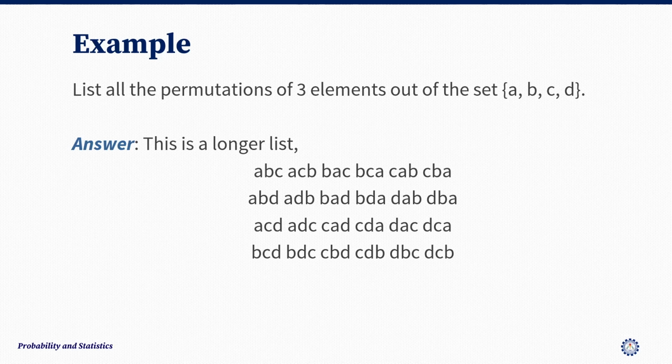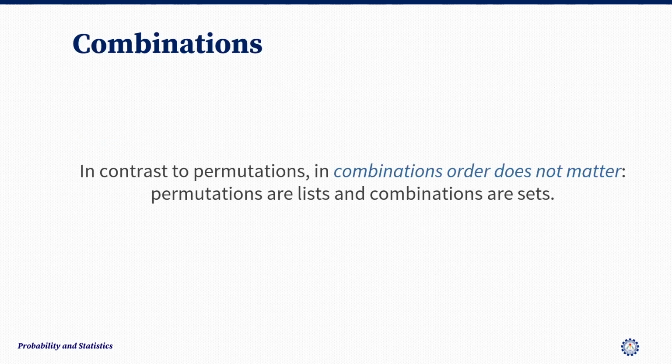We note that ABC and ACB will be counted as distinct permutations. That is, for permutations, the order matters. There are 24 permutations. Note also that the rule of product would have told us there are 4 times 3 times 2, which is equal to 24 permutations, without bothering to list them all.